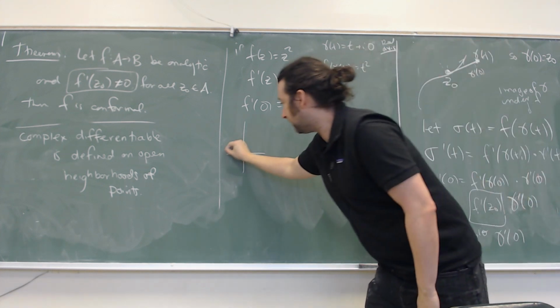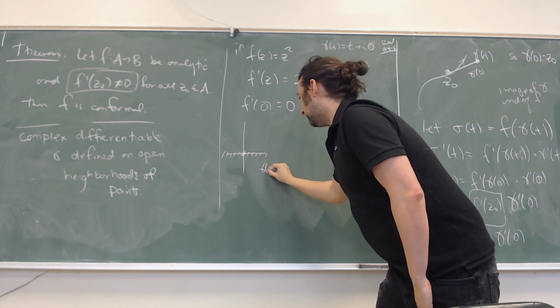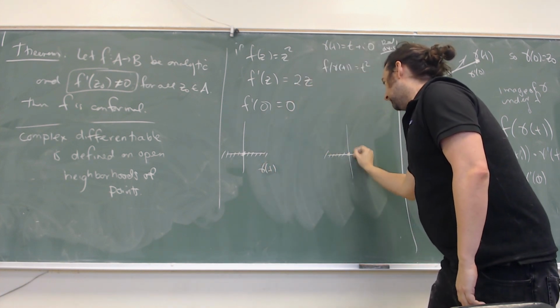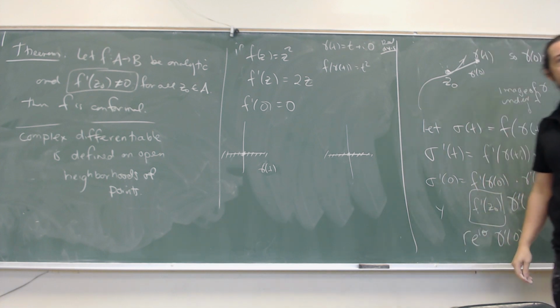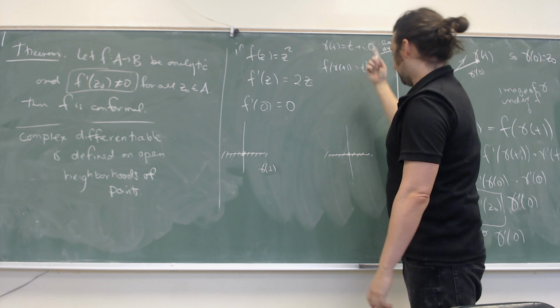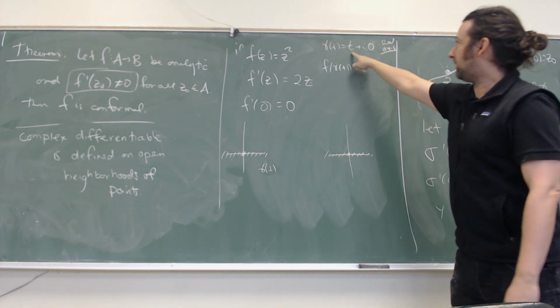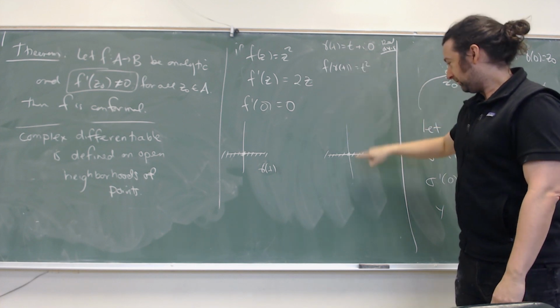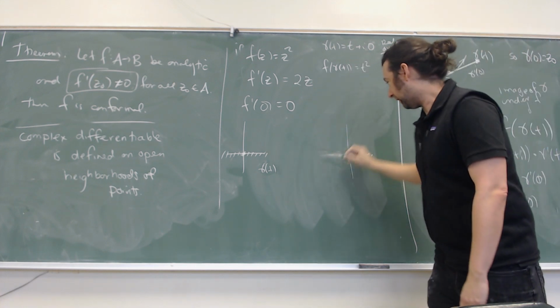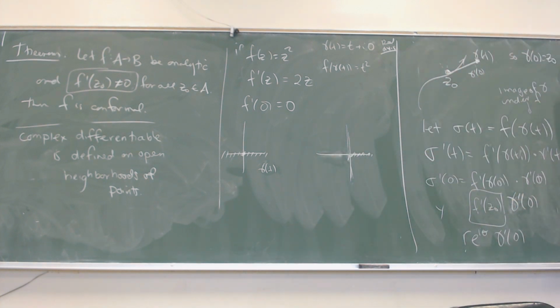So this line, which is gamma of t, ends up being sent to itself. Actually, it's just the right half of it, so these are all real and positive. That's already weird. So instead of line to line, it's line to a half line.